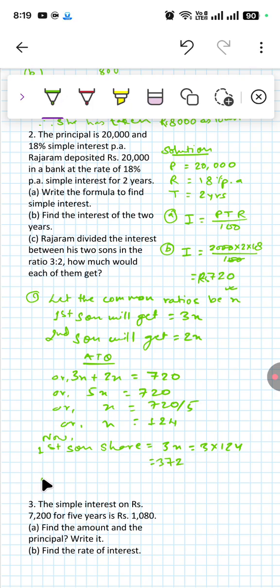The first child will get this, and the second son's share is going to be 2x, that is 2 multiplied by 144. So it's 288. When we add both the amounts, that will come equal to 720 rupees. So don't miss the unit. At last you must write the unit for the numbers.